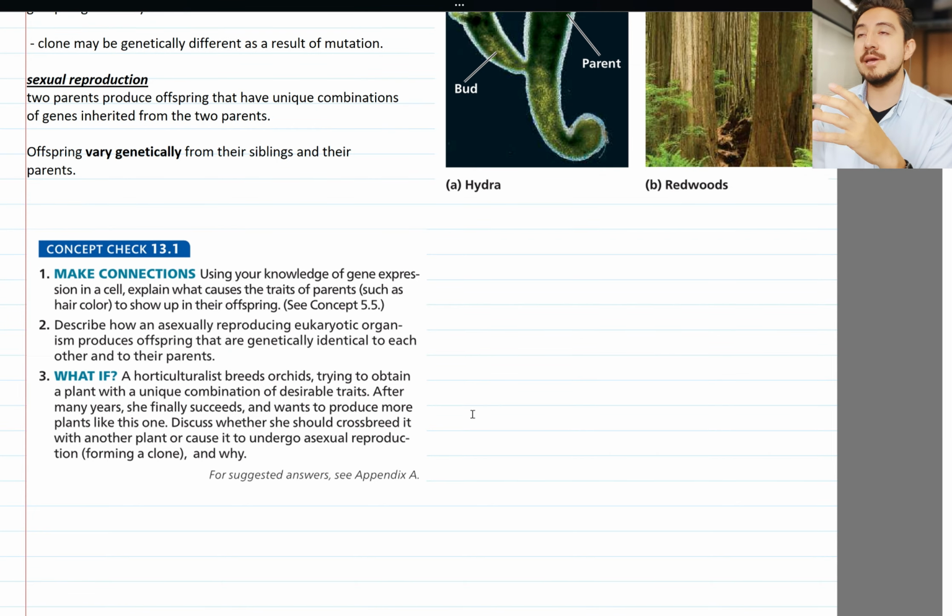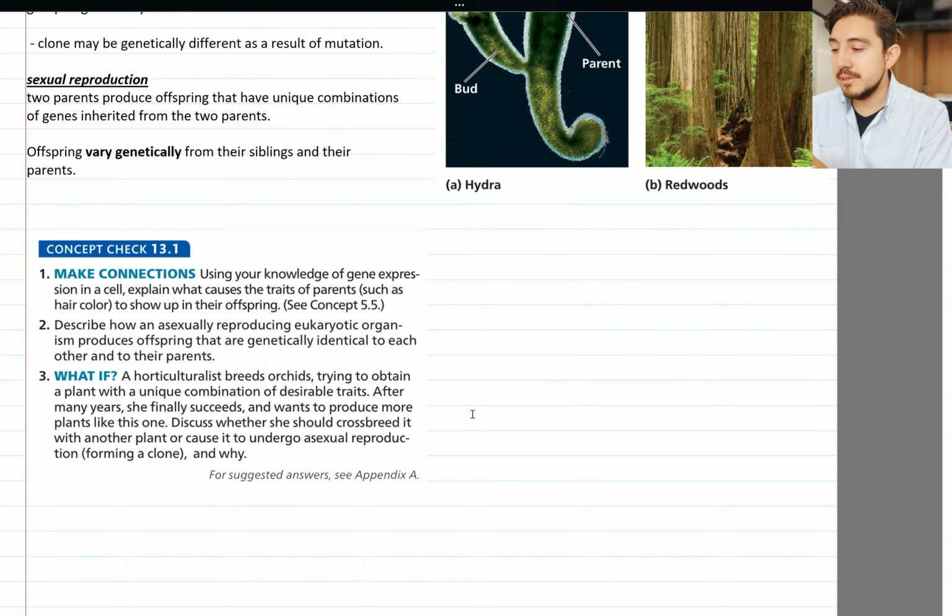But aside from those special cases, you'll get an identical individual.